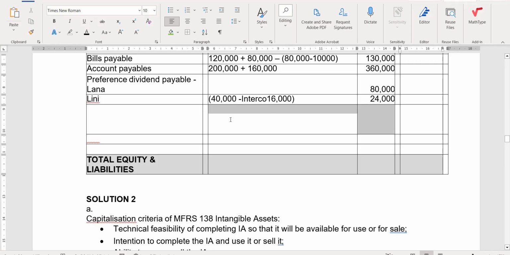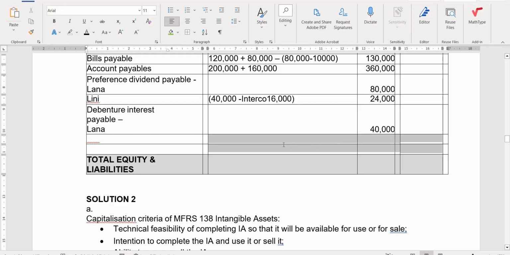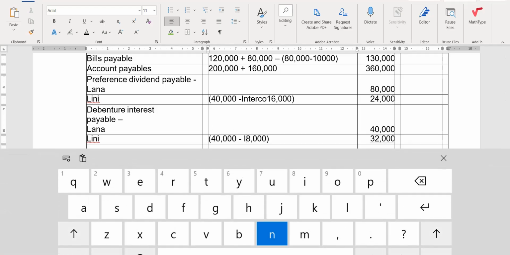Next, you will continue with the one of debenture interest payable. There are no ordinary dividends being declared here. The one of Lana, remember it was from information number 5.1 that I've done the adjustment. And same goes for the one under Lini, number 5.2 and number 5.3. And again, this is the intercompany transaction again.